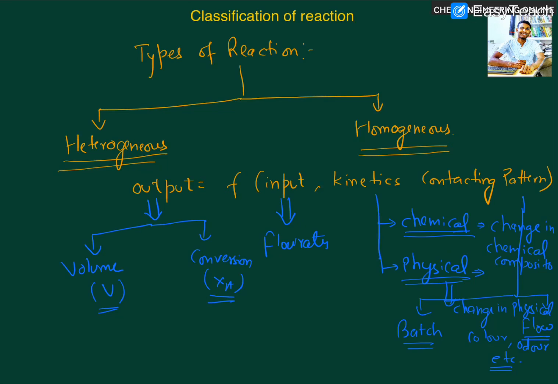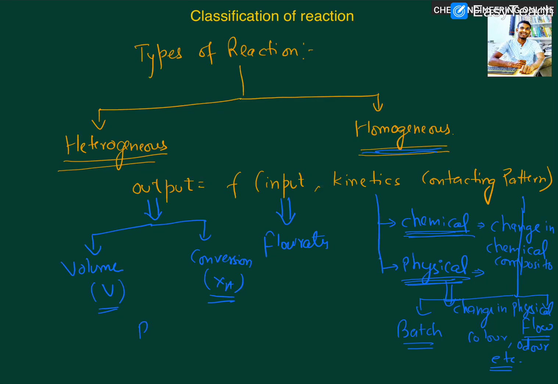chemical kinetics is involved, we say that it is a homogeneous reaction, and when along with chemical kinetics, physical kinetics is also involved. So what can be physical kinetics in case of chemical reaction engineering?